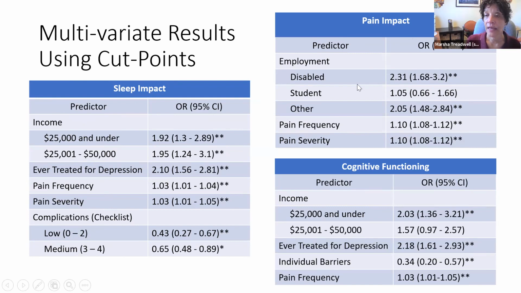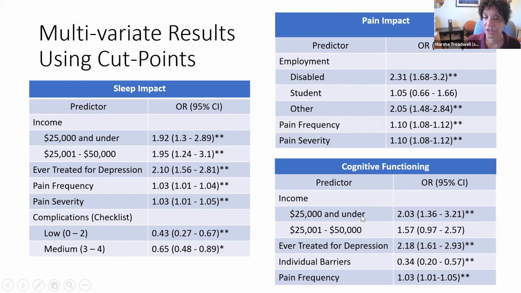In terms of pain, not surprisingly, frequency and severity contributed to greater pain impact. But also we found that employment status, so those who reported they were disabled or had some other employment status, had a greater pain impact.